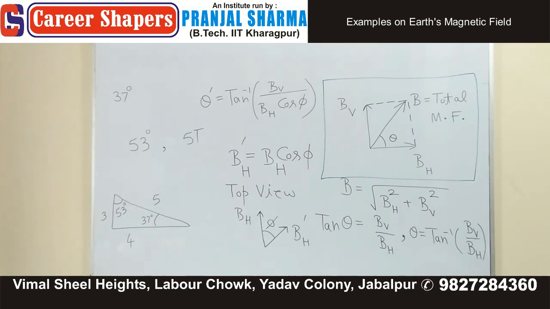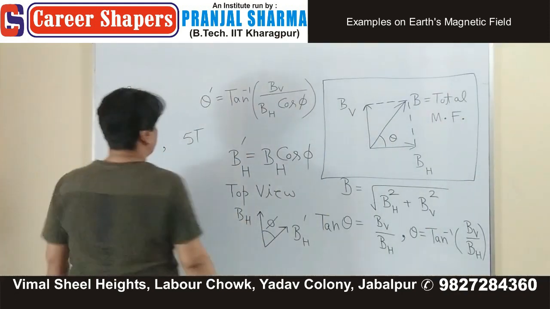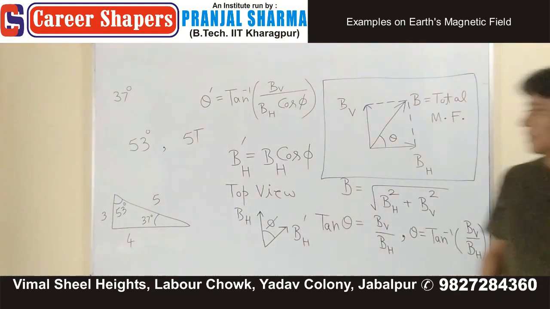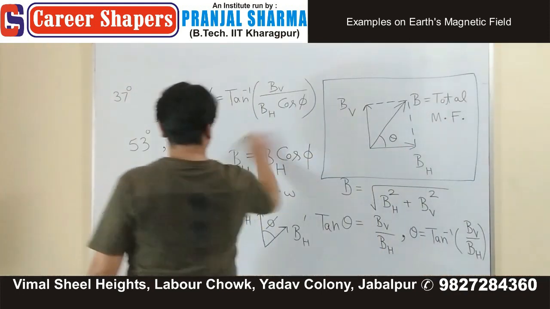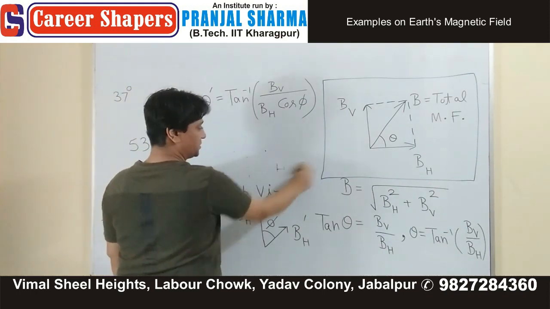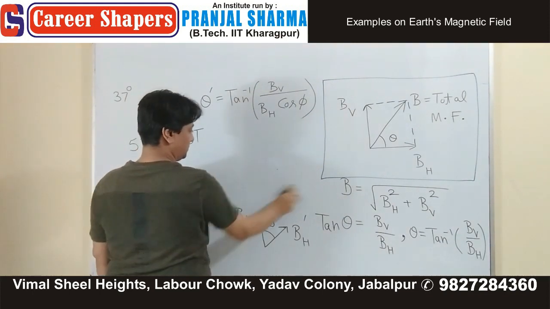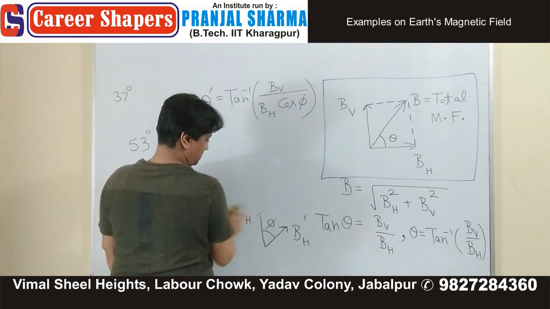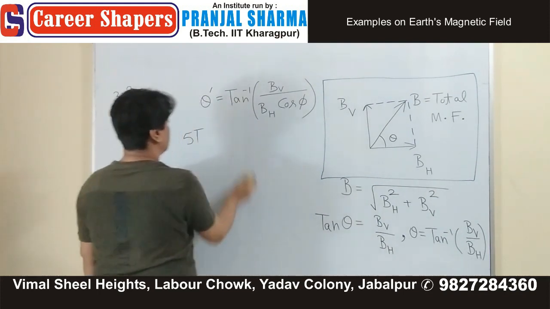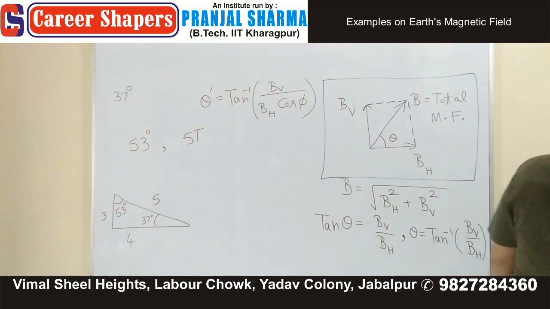That is more than sufficient time to answer this question. I'm asking you to find theta dash. I told you everything is present on the board, but still you are taking this much time. We have been given total magnetic field.